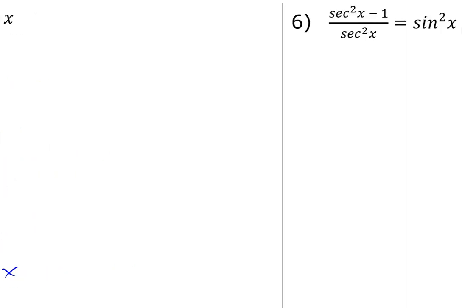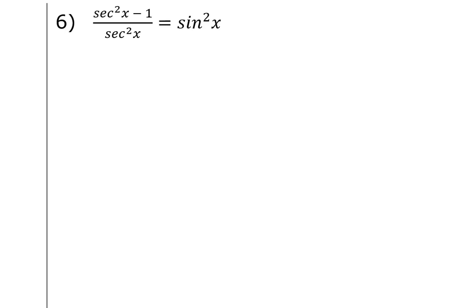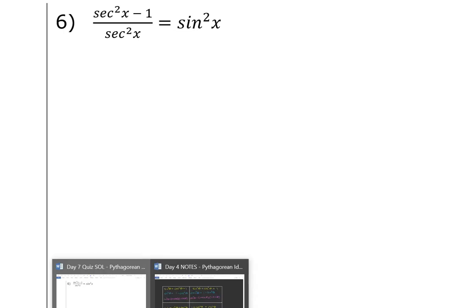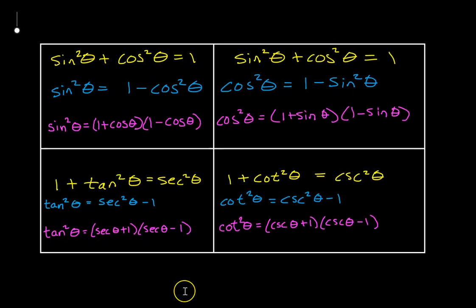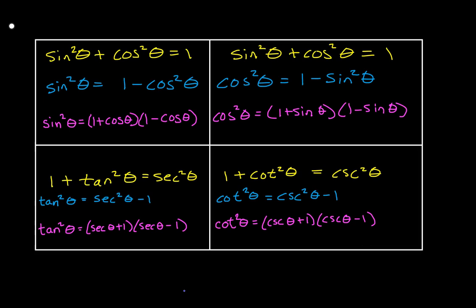Alright, let's take a look at number 5. I'm definitely going to work the left-hand side because that looks more complicated. In the numerator here, I see secant squared minus 1. Let's check the chart of memorization. Secant squared minus 1 is equal to tangent squared.